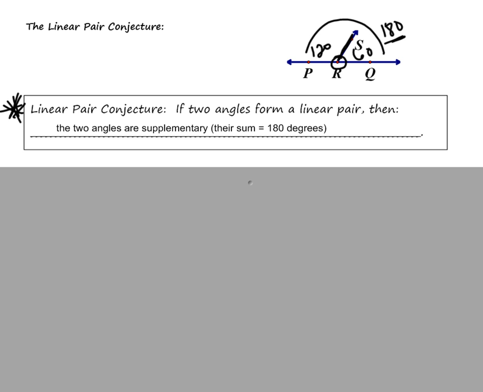Okay, and one of the ways that I remember supplementary versus complementary: supplementary, if you spell it out, S-U-P-P-L-E-M-E-N-T-R-Y, you can turn that S into an 8. So it kind of triggers your brain to think 180 degrees, right? Because so many times students confuse complementary with supplementary, and they always get them mixed up.